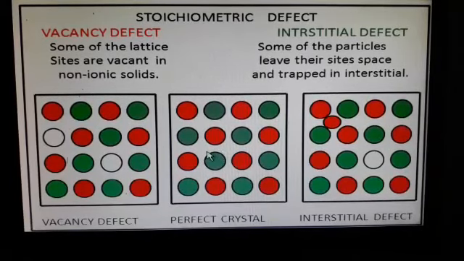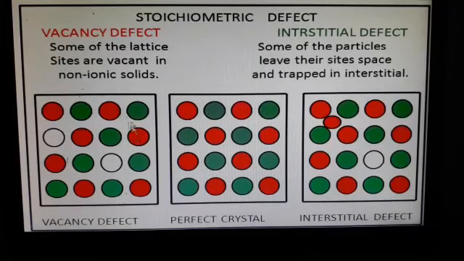So first let's see how vacancy defect is observed. If you compare this crystal with this one, you can see clearly that in place of this red dot, it is absent, and in place of this green dot, it is absent. The ratio was 8 by 8, means 1 by 1.